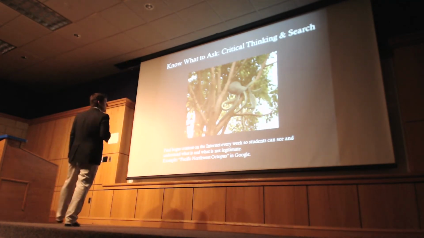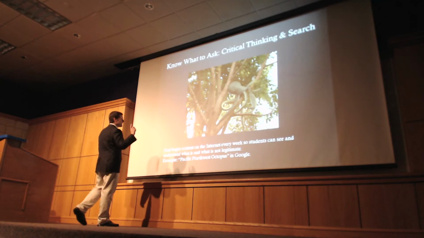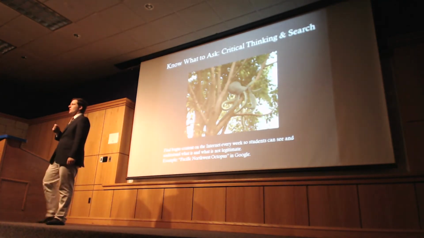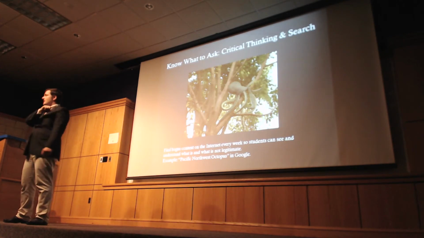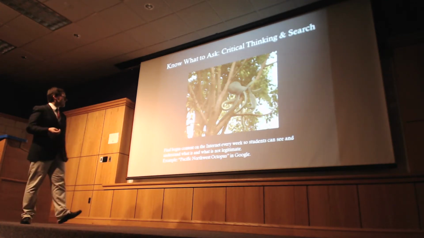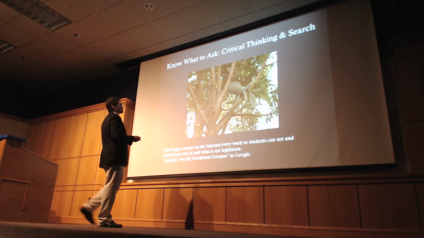So you can find some bogus content on the internet. This is the Pacific Northwest octopus. It lives in a tree. People believe that this exists. Have your students look it up and have them explore why or why not the Pacific Northwest octopus is or isn't a real thing.